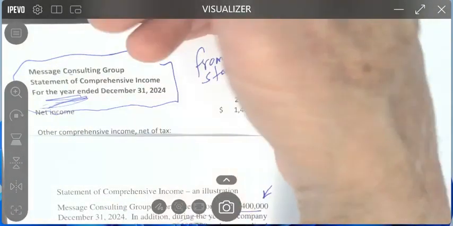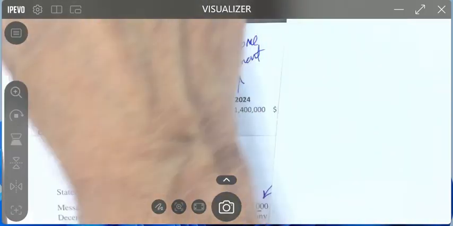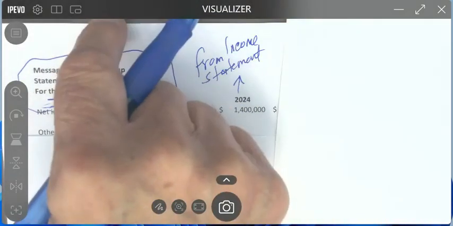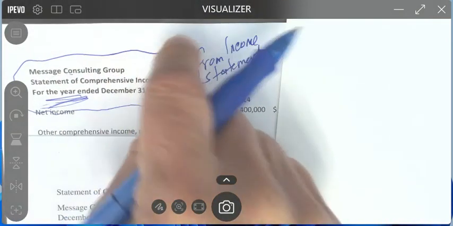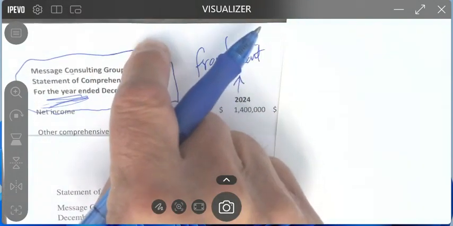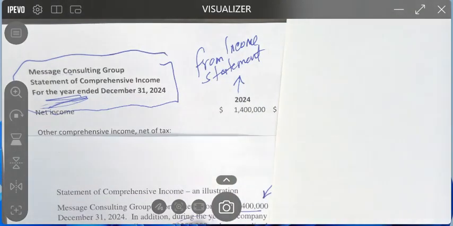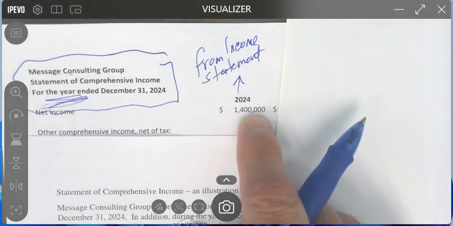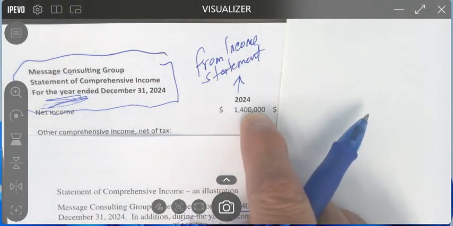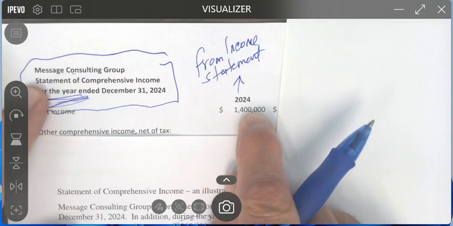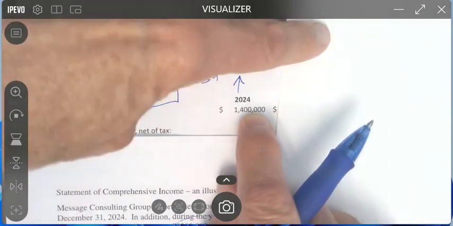It's following the Message Consulting Group income statement for the year ended December 31, 2024. And when it showed all the revenues and all the expenses, the bottom line was $1.4 million. And that's where the statement of comprehensive income starts.